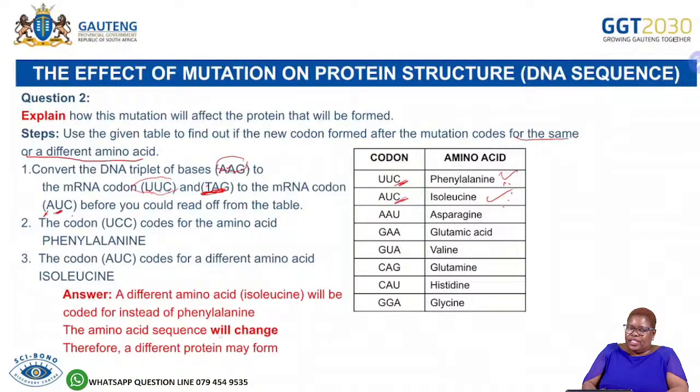The amino acid sequence will change, therefore a different protein may form. So I've indicated earlier on that when mutation has taken place, it doesn't mean we're going to have a different protein all the time. It will depend on the formation of the amino acid after mutation has taken place.